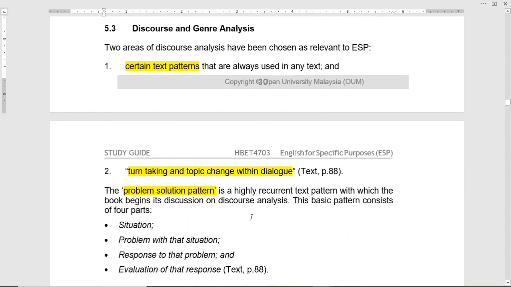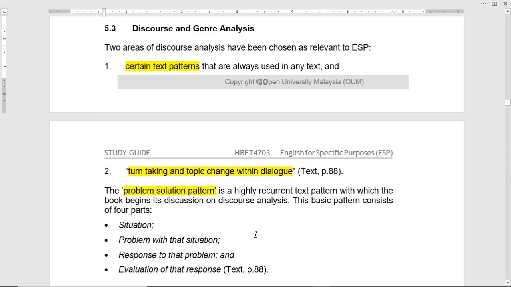Another area is discourse and genre analysis. That is, certain text patterns are studied, turn taken and topic change within a dialogue are considered. The problem solution pattern is a recurrent pattern in the text.